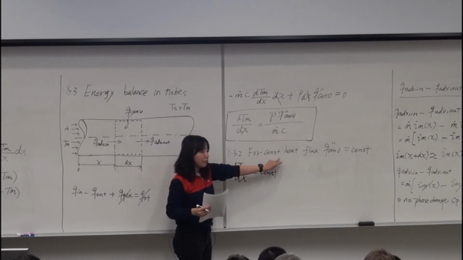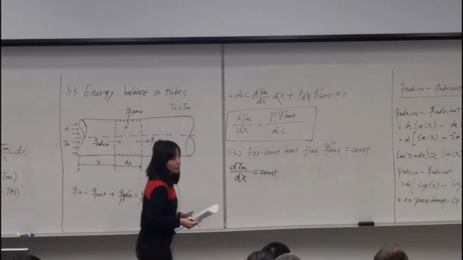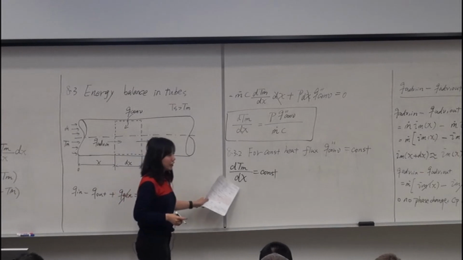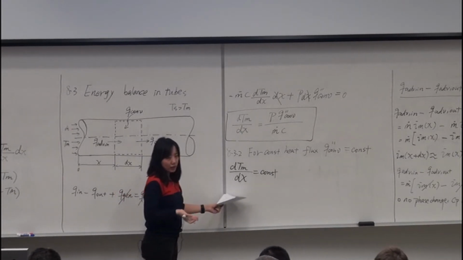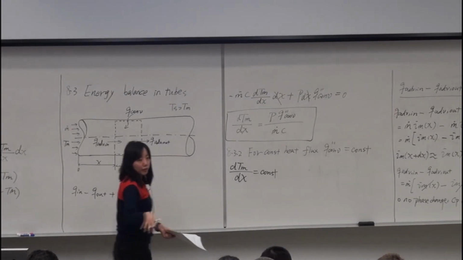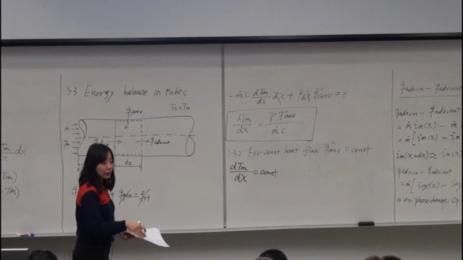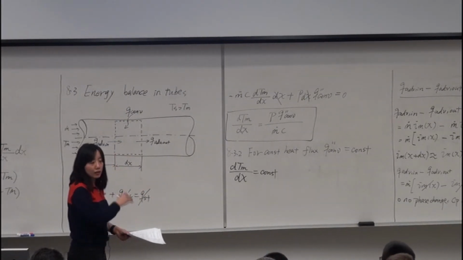Under the constant heat flux condition, the gradient is constant, which means it's always linear. It varies linearly along the tube length.